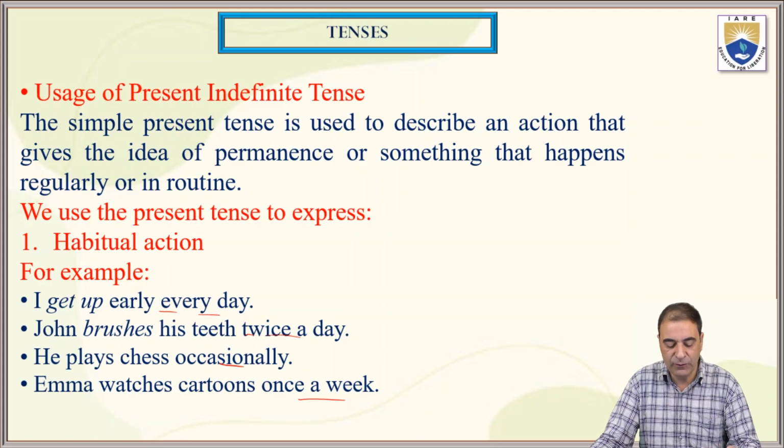And one more thing: if you look at these sentences, in the first sentence we have the first person singular as a subject. That's why there's no need to add s, es or ies to the main verb. In the second one, we have the third person singular. As I told you, if the subject is third person singular, you have to add s, es or ies to the main verb.